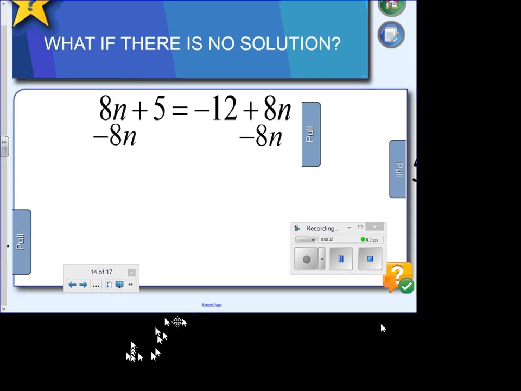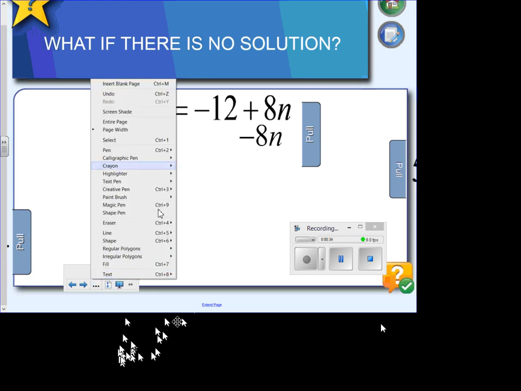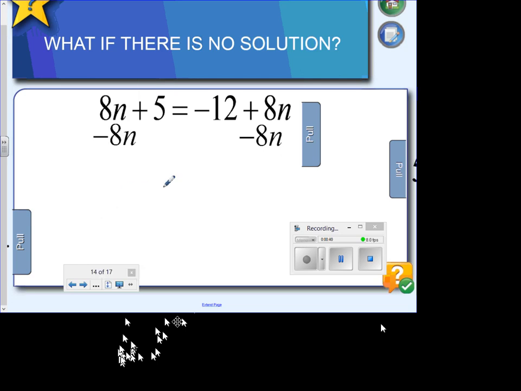All right, so let's take a look at what's going to happen on the left-hand side. And you're probably already looking at this and seeing what is about to happen. Let's go with purple here. I'm going to subtract 8n from that side, and I have nothing left on that side but 5. Looking at the right side, I take 8n, I subtract 8n, and those also cancel out to 0.